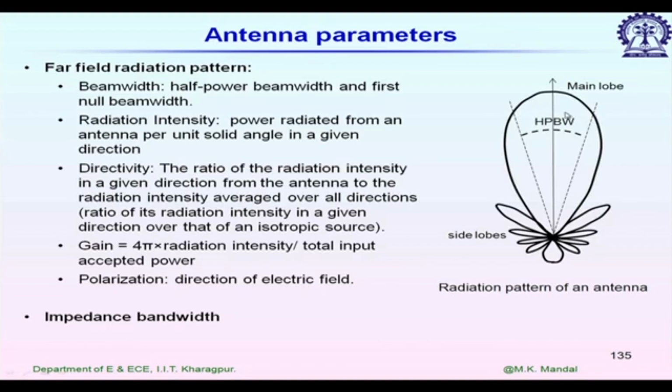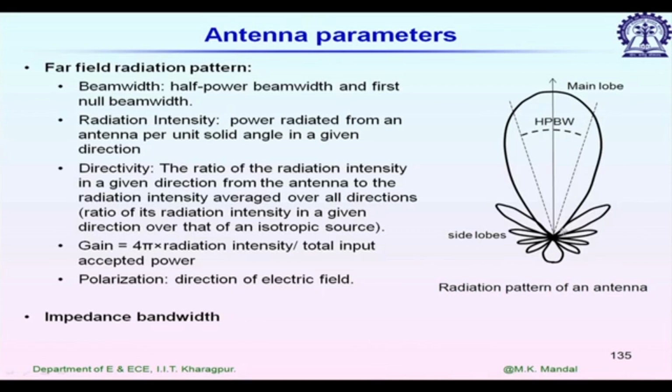It is an important parameter for scanning purposes, because it defines the resolution of an antenna, for two objects that are separated when we want to see them as two different objects. The separation should be more than the half power beam width of the antenna. We can define it in another way, the first null beam width.